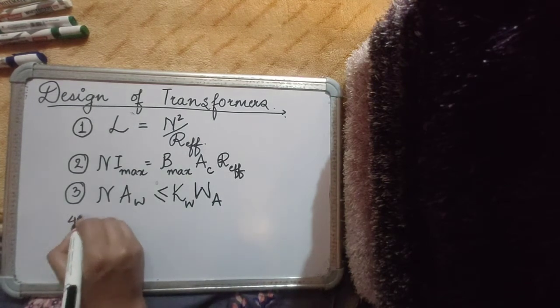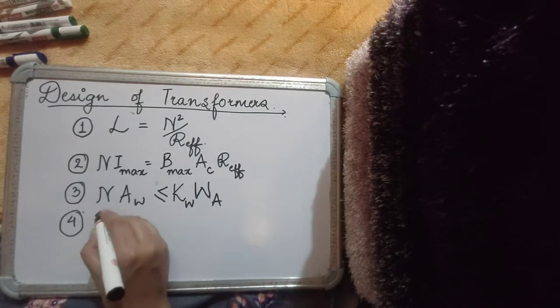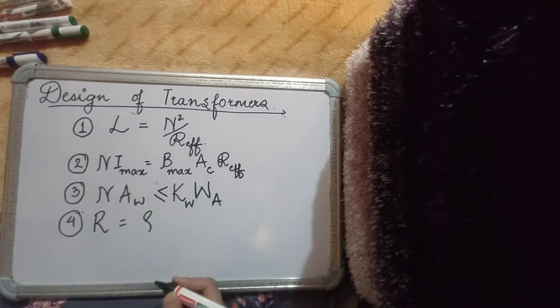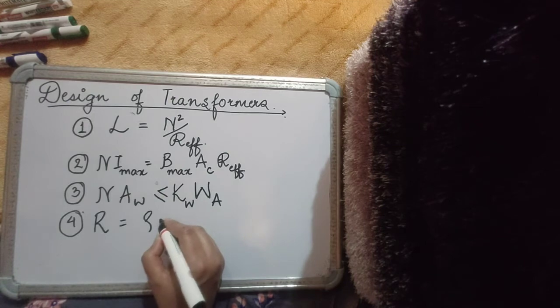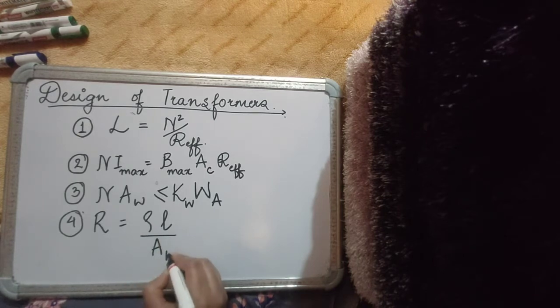And the fourth constraint of inductor design is based upon copper losses. While trying to minimize copper losses, we try to minimize the effective resistance of the inductor that we have wound. We also know that the resistance depends upon the resistivity of the conductor that has been used, and the total length of the wire that has been wound, divided by the area of cross section of the wire.